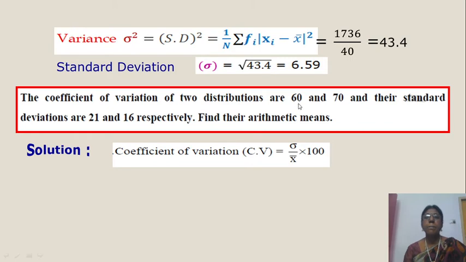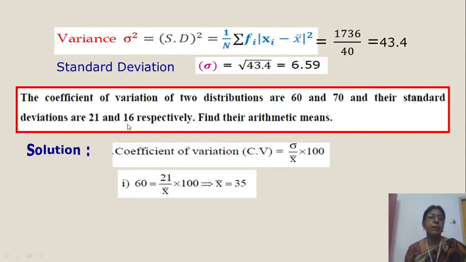Here, what is the first one? CV means coefficient of variation. Taking the first as x, that is given as 60. What is the coefficient of variation of the first one? Sigma by x bar into 100 is given as 60. Standard deviation means sigma.